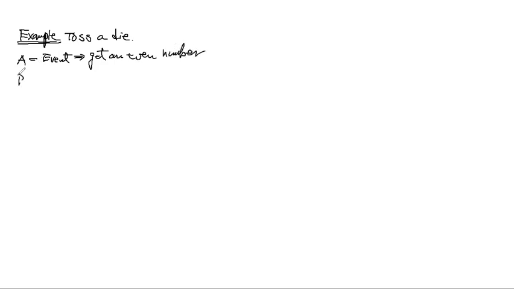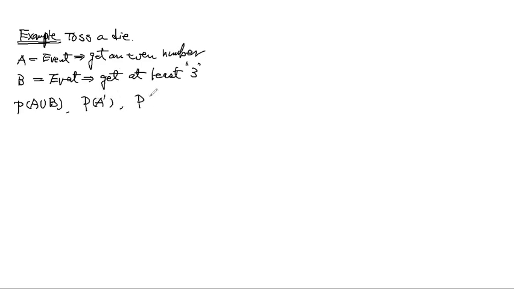And B is the event of getting at least 3. Okay, so now if the problem says, I want to find A union B, I want to find P(A prime), I want to find the probability of B prime. Okay, so let's take a look. How do we do this?